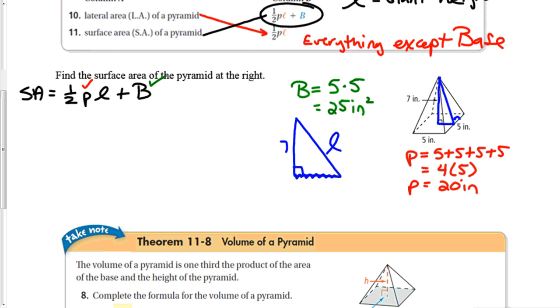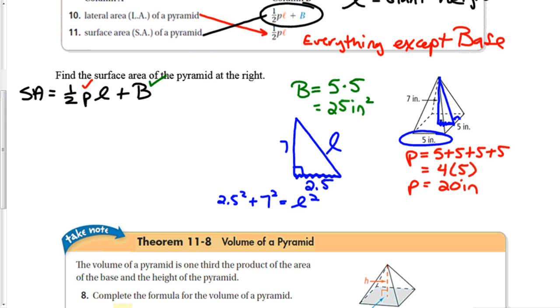If you go back to the diagram, this part is going to be half of the whole side. So the whole side was 5, which means this part's going to be 2.5. So now all I'm going to do is Pythagorean theorem. So I have 2.5 squared plus 7 squared equals L squared, my slant height squared.